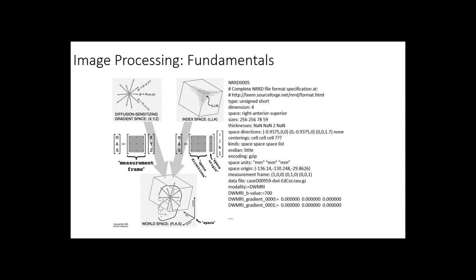Then I need to figure out first how many bits, is this 8 bits or 16 bits? And then I figure out whether the data is indexed row by row, then column by column, and then slice by slice. We need this information to read this data, and then we can reshape it to a matrix or a tensor. So all the information is here.